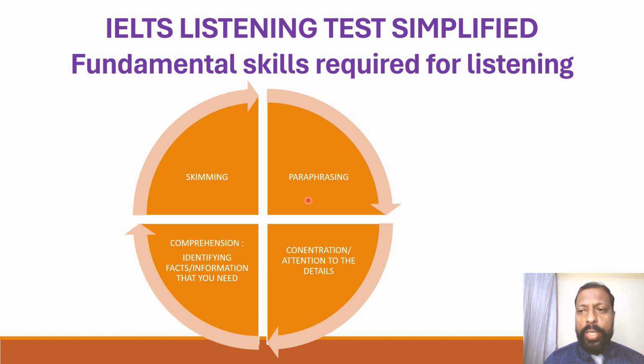So the beach should not contain dash. What is litter? Litter means waste. Actually, your answer is litter. Free of litter means no litter, spelled L-I-T-T-E-R. So you have to expect paraphrasing very much in the listening test.